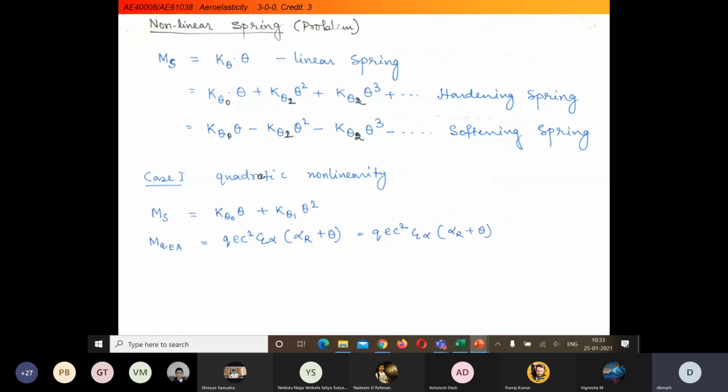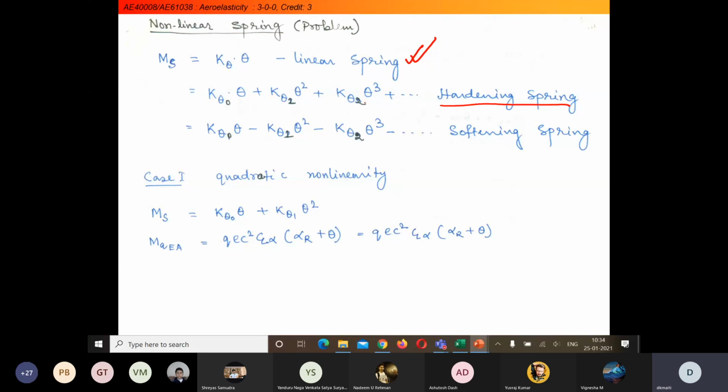Whatever we have considered in the previous equation is the nonlinear aerodynamic theory. Now I am considering a nonlinear spring, that is, the structural stiffness. First we have considered a linear spring, k theta into theta. Now suppose I am considering the hardening spring: k theta naught into theta, k theta 1 into theta square, k theta 2 into theta cube.